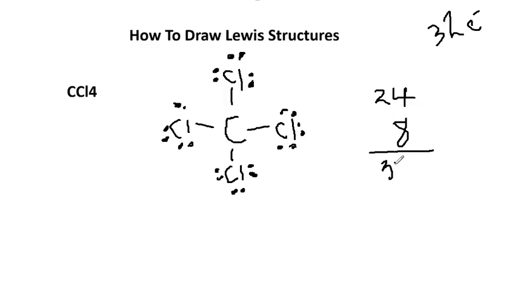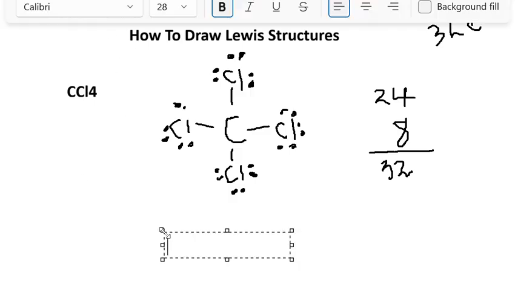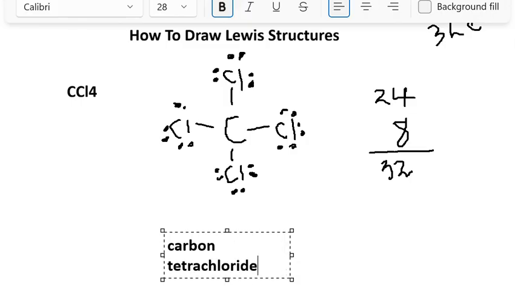So this model is fine. So this is the carbon tetrachloride Lewis structure model. Right? So I'm going to do another one.